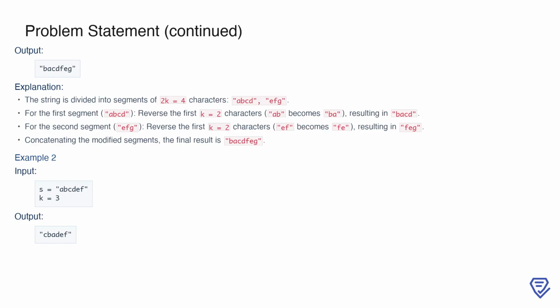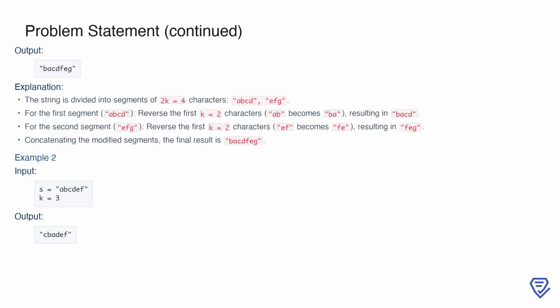For the first segment, abcd, we reverse the first k equals 2 characters, turning ab into ba, which gives us bacd. For the second segment efg, we reverse the first k equals 2 characters again, turning ef into fe, resulting in feg. Combining the modified segments, the final output is bacdfeg.